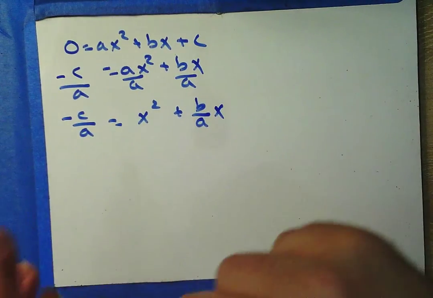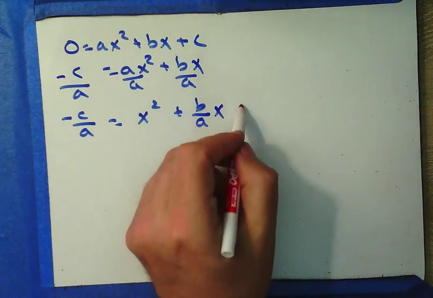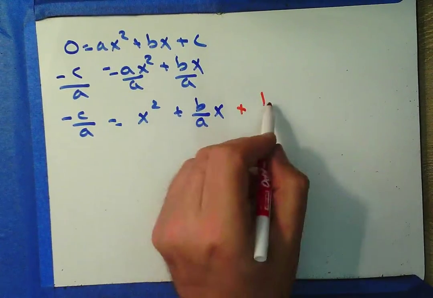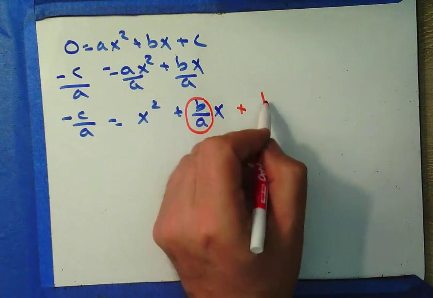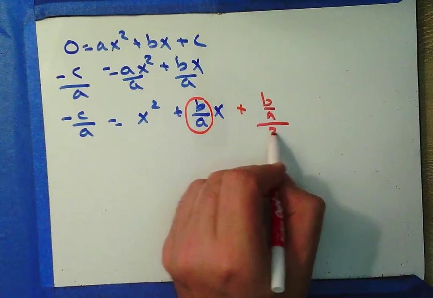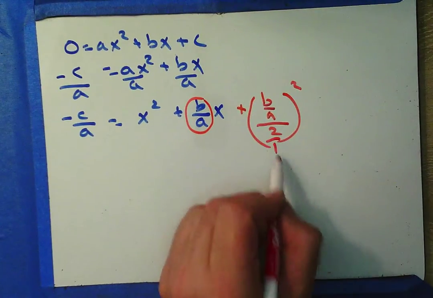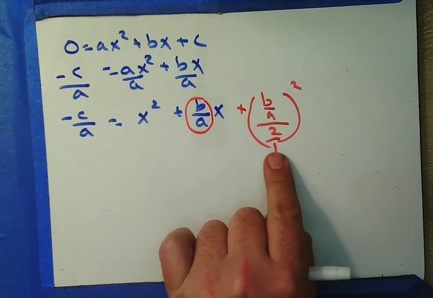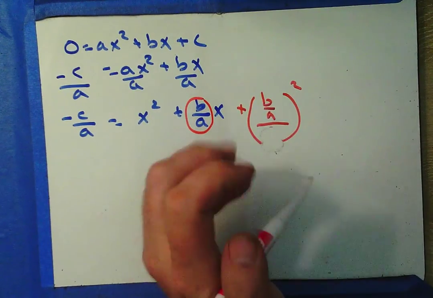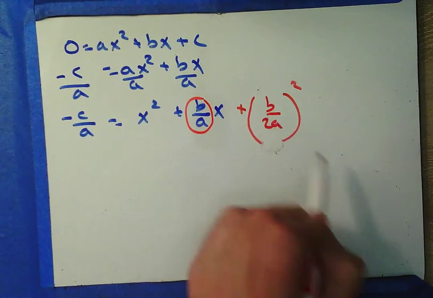Now, what was it that I needed to use to complete the square? b over 2 squared. So plus b, this is my b value, b over a over 2 squared. When I'm doing this, we learned with complex fractions that was the same as b over 2a.